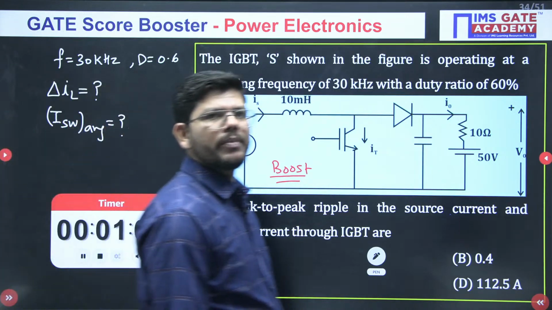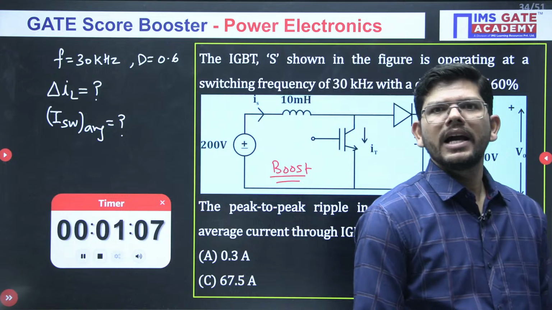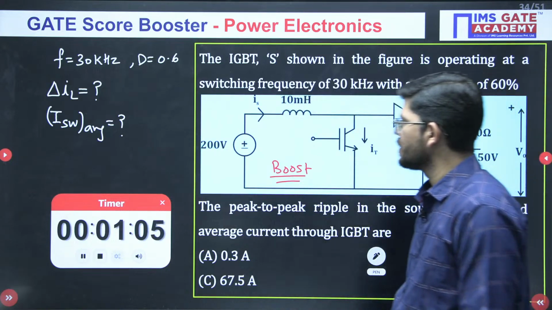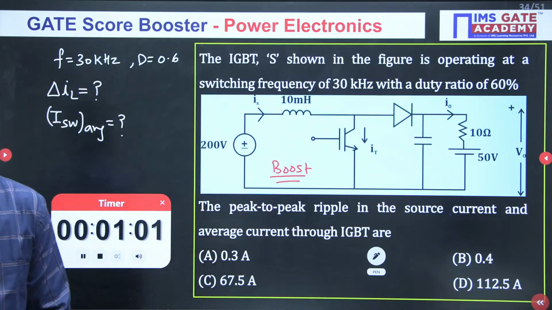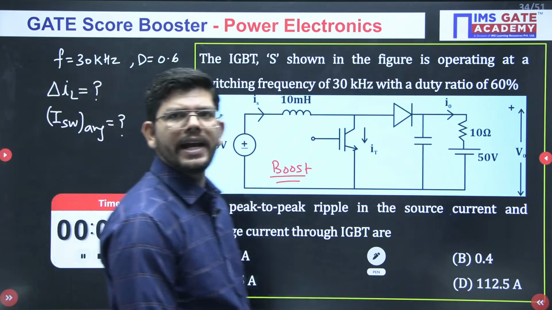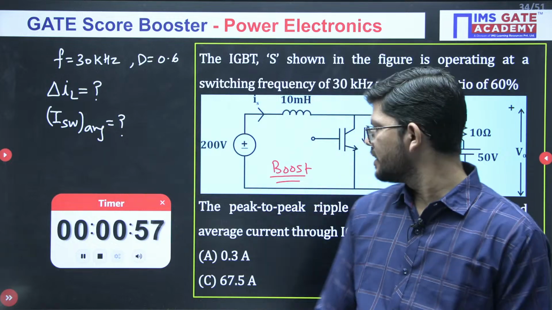You have to find the peak to peak ripple in the source current delta IL, and you have to calculate the average switch current. Nilmesh, your answer is B and what, Nilmesh?